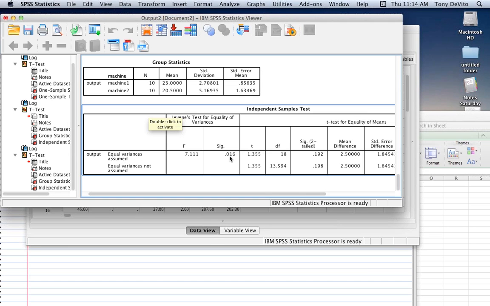Well, the significance, the probability of being wrong if I reject that hypothesis, is 0.016, 1.6%. So, do I reject the null hypothesis that the variances are equal and use the second line, equal variances not assumed, or do I stick with the first line and say equal or not equal? Opinions.